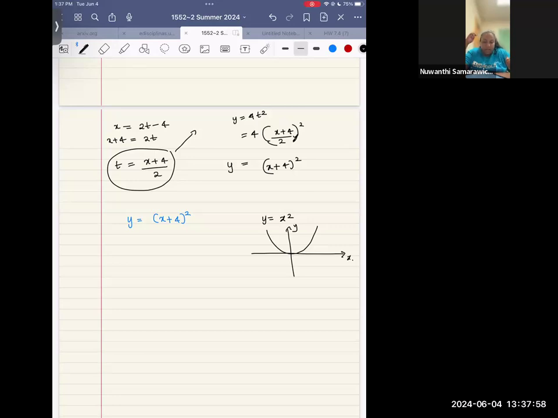Yeah, it's a horizontal shift, and horizontally it shifted by 4 points, because here it is plus, it's going to the left hand side. Okay, so it's a left horizontal shift. So if we draw, here x is equal to negative 4. So this is your graph.